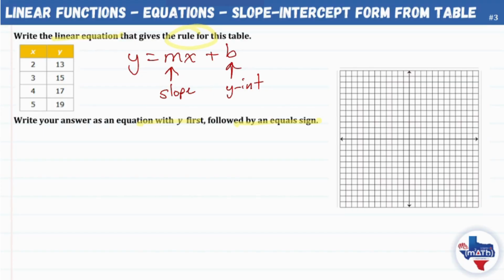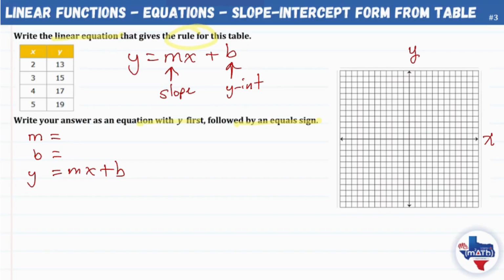So in order to do that, we need to write three things down: m equals, b equals, y equals mx plus b. Labeling my graph, my vertical axis is labeled y, my horizontal axis is labeled x. Okay, so let's look at the table and see what we have.